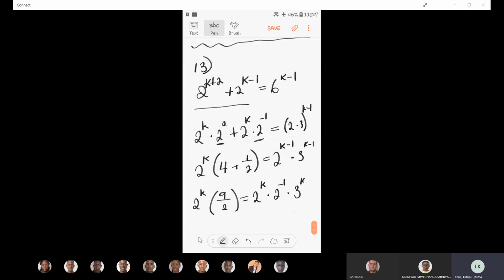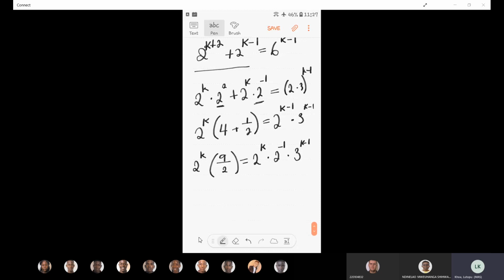I'll just leave it like that. Then you can see I can divide by 2 to the power of k on both sides. It will cancel. Then I'm left with 9 over 2. This is equal to half, this 2 to the power of minus 1, times 3 to the power of k. Now I split it up, 3 to the power of minus 1.